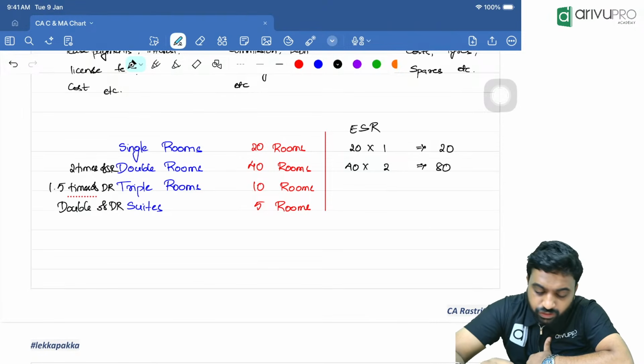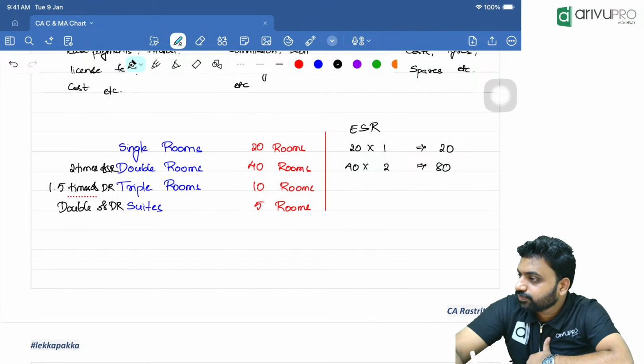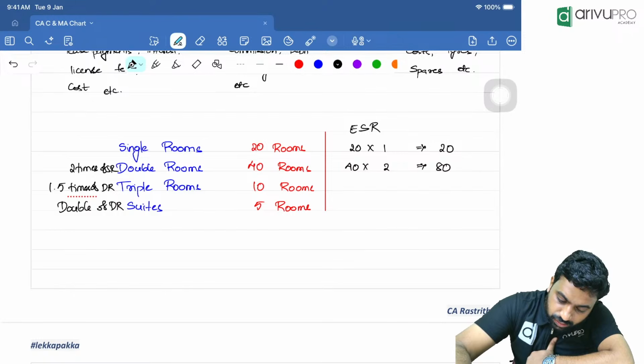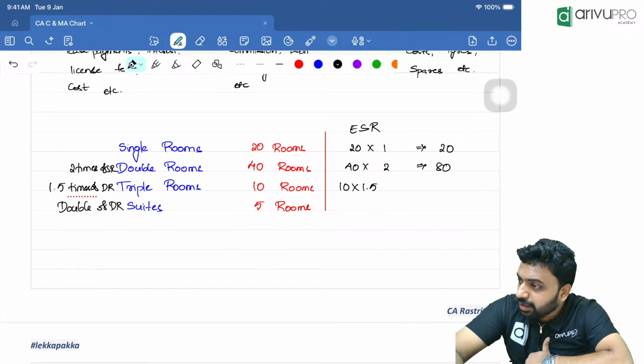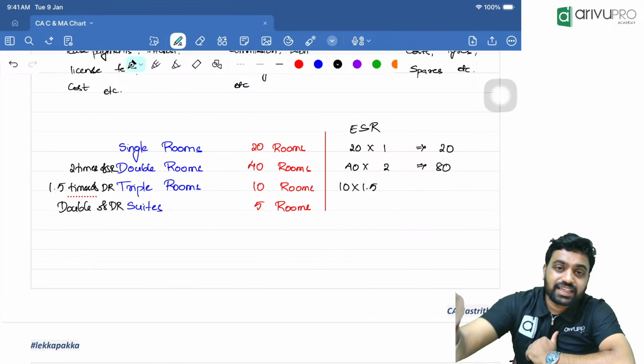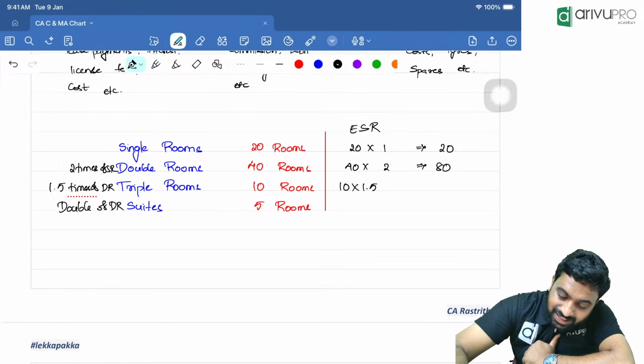Triple rooms, 10 rooms we have, that is 1.5 times of a double room. So 10 times 1.5 gives equivalent double rooms. But I want equivalent single rooms. That means the double rooms again need to be converted to single rooms.